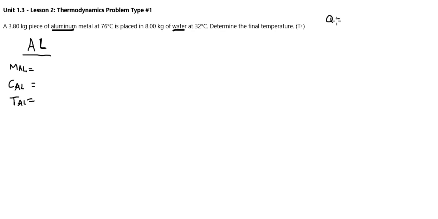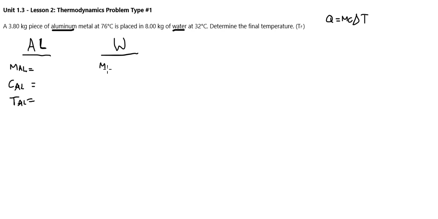Oh, this thing's starting to mess up. Okay, now we have this. But if you notice, all the components of that equation are trying to be found here. And I know we're not trying to find Q, we're not trying to find the energy transfer, but if we can figure out what the energy transfer is, then we'll be able to find the temperature that way. So then we also have water, that's the other component, and actually I'll just do it in the same order as we did last time.